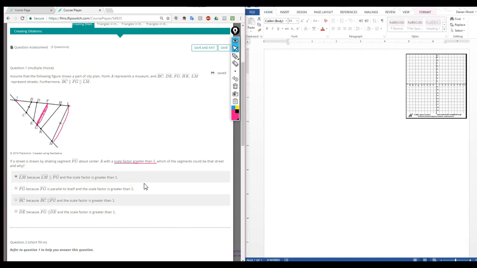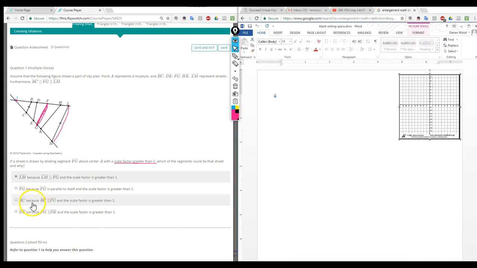FG, because FG is parallel to itself and the scale factor is greater than 1. Not true. It would equal 1 because it's itself, and multiplying something by 1 does not change that value. For example, 1 times 2 equals 2. So that one's not true.